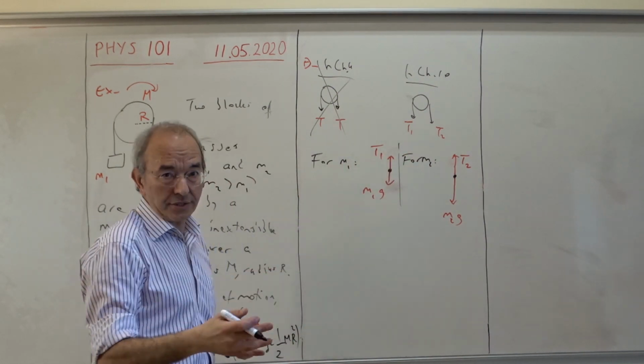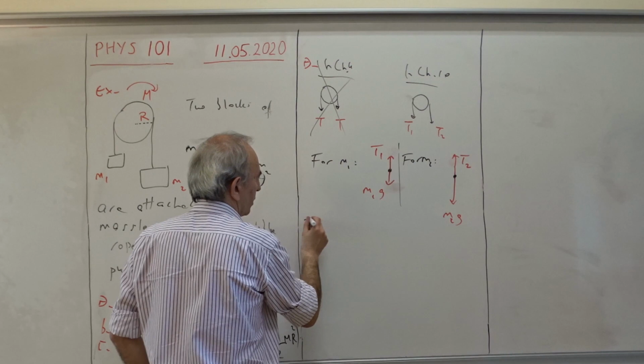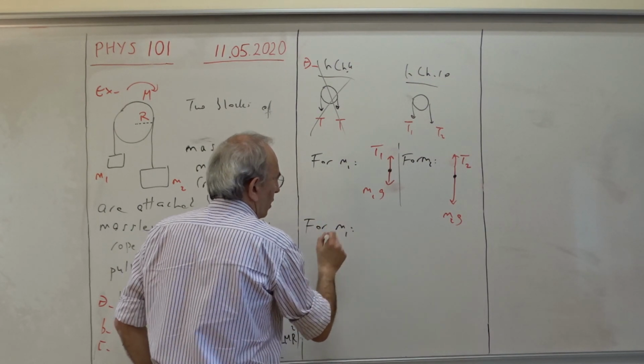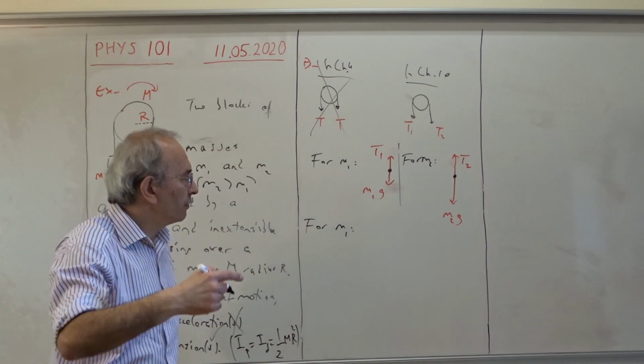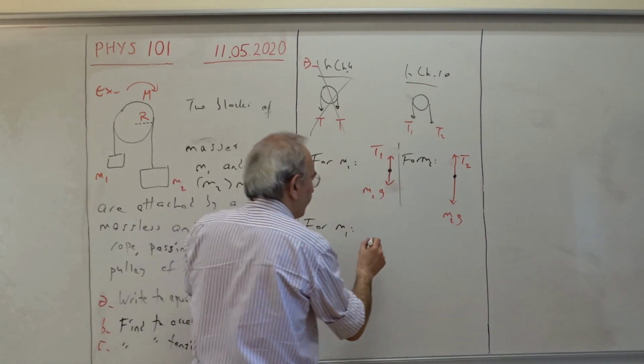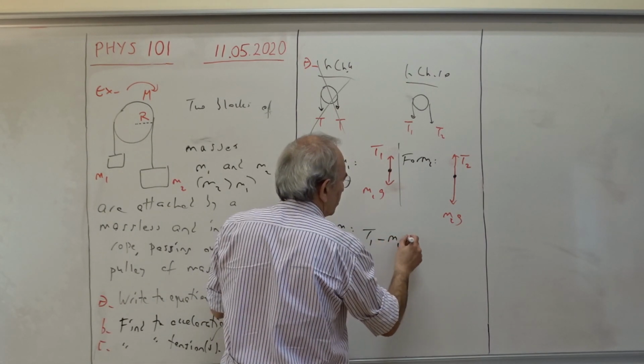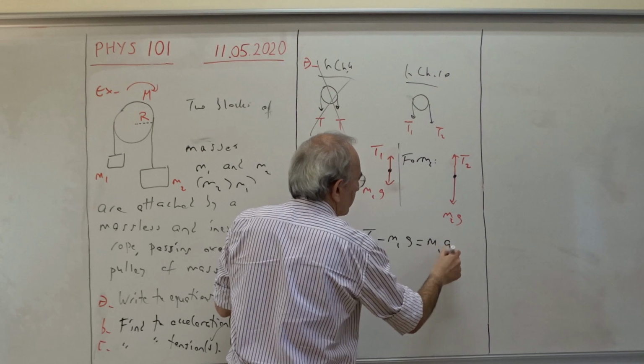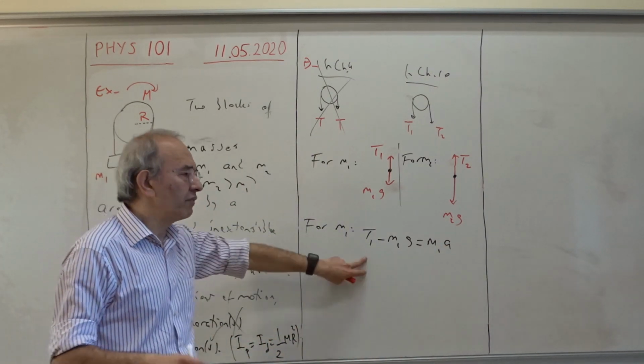What about the equations? Again for M1, net force, which is T1 minus M1g, has to be M1 times acceleration a. The a is unknown, T1 is unknown.